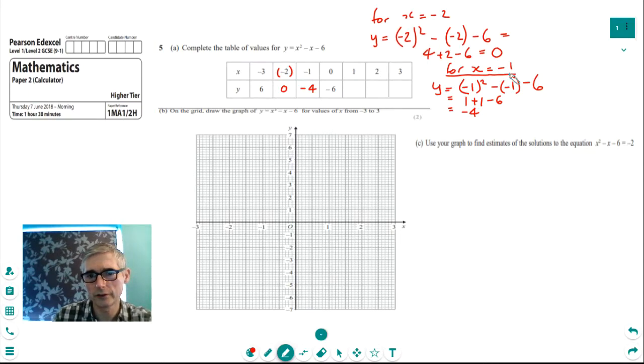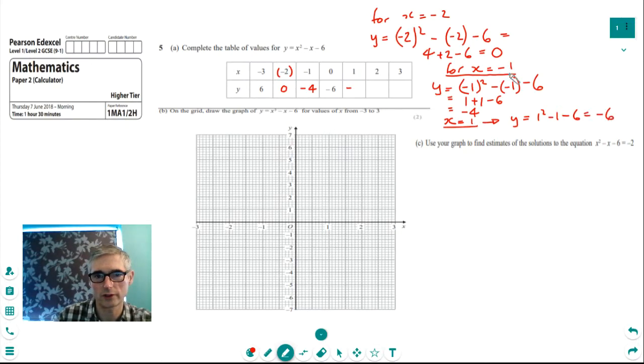If we then do the next value, x is equal to 1. That would give us that y is equal to 1 squared minus 1 minus 6. 1 squared being 1, take away 1 is 0, take away 6 will give us negative 6.